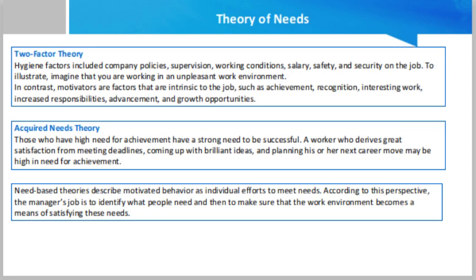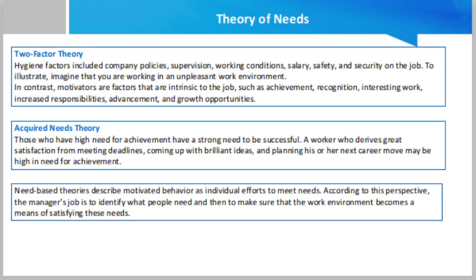Acquired needs theory. Among the need based approaches to motivation, David McClelland's acquired needs theory is the one that has received the greatest amount of support. According to this theory, individuals acquire three types of needs as a result of their life experiences. These needs are need for achievement, need for affiliation, and need for power.